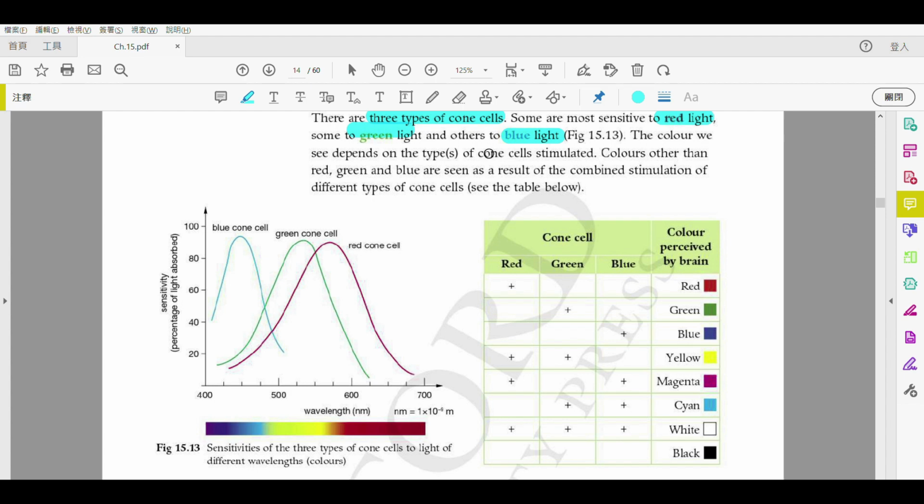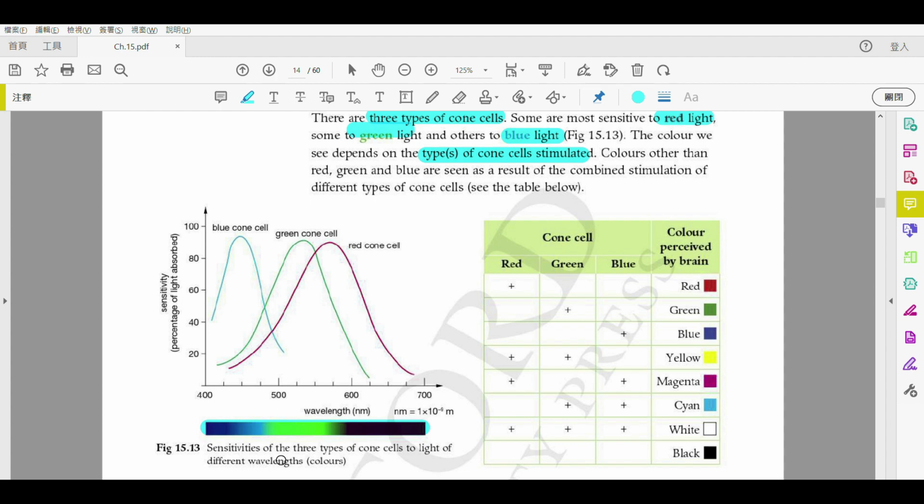So different cone cells are stimulated when there are different colors. Okay, so remember, light is a mixture of colors. Okay, so light is not like white in color, red in color. It's not totally like that. 佢係一個 mixture 嘅，佢係一個混合物嚟嘅。So there is a range of colors. Okay, and then you can see that this is the wavelength.